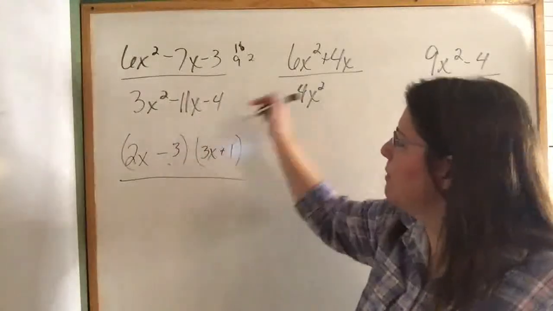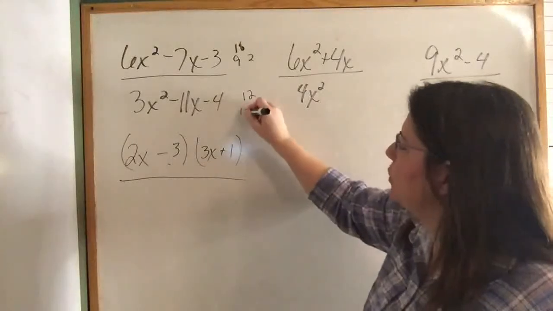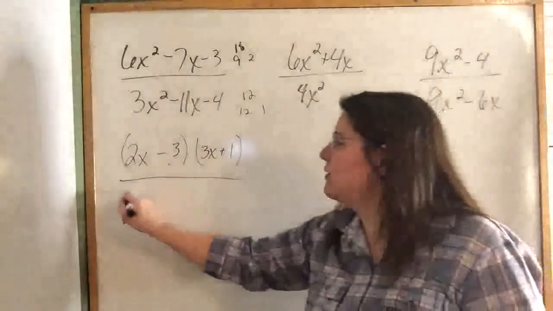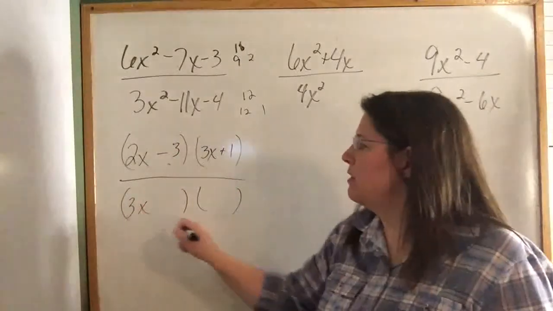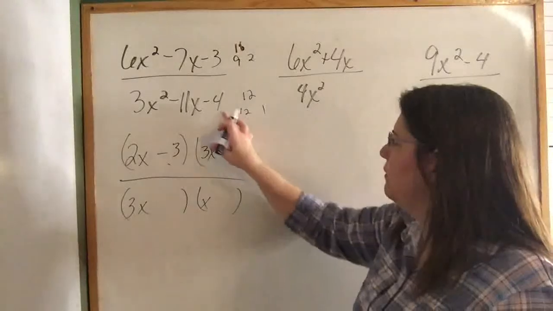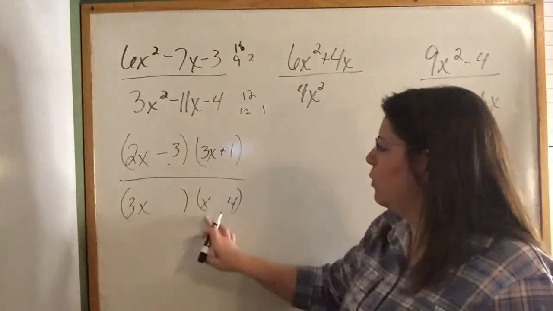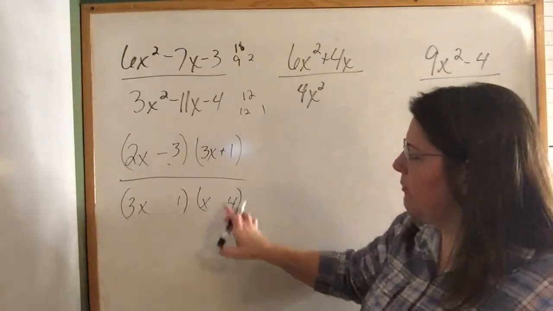For this one, 3 times 4 is 12. Factors of 12 that subtract to give you 11, well, that's 12 and 1. So to make the 12 and 1, 3 only has 2 factors, 3 and 1. So we've got 3x and 1x. 3 times what gives me the 12? Well, that would be 4. And 1 times what gives me 1 would be 1. 1 times 4 is 4.